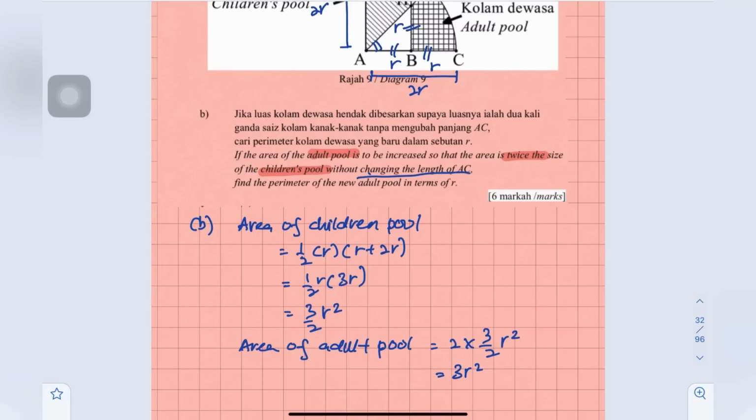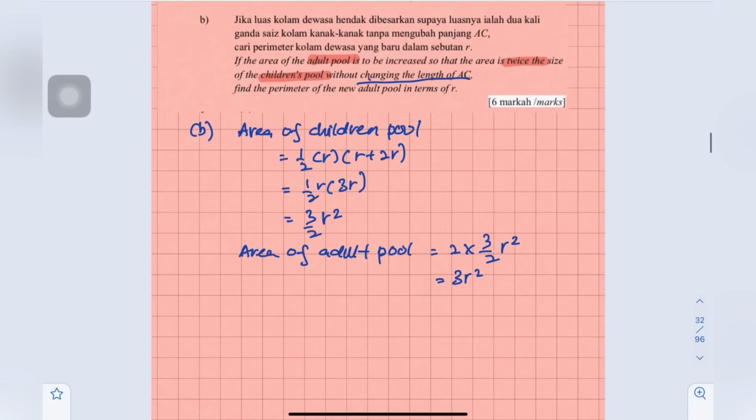Okay. So the new one is still a sector but AC does not change. AC is actually the radius, 2R. This one same 2R. This is A. Meaning that you can find the new theta. Only the radius cannot change, theta can change.